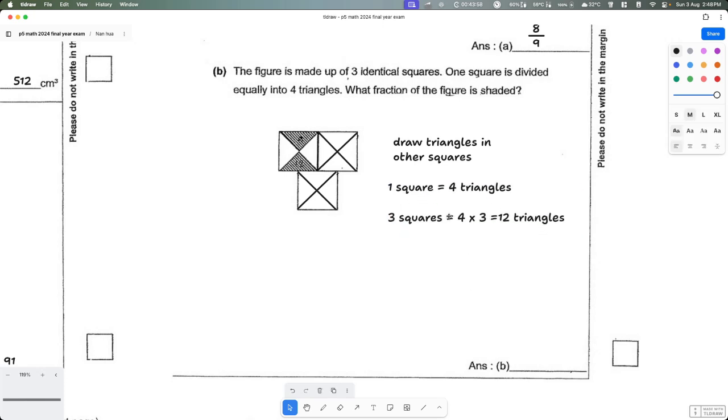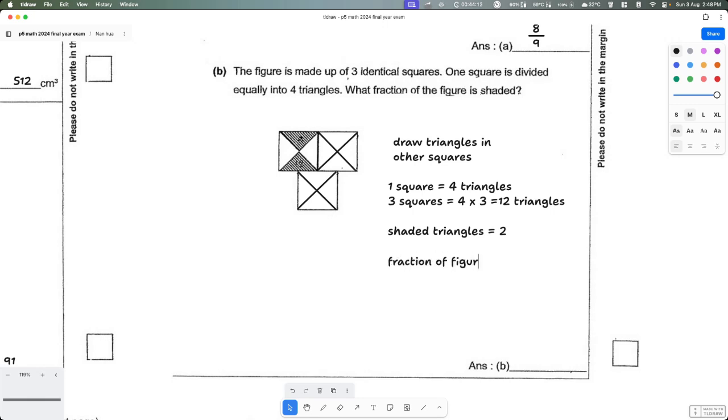All right, so from here we also have shaded triangles equal to 2. So the fraction of the figure shaded is equal to 2 over 12, right? So can we simplify 2 over 12? Yes, we can.